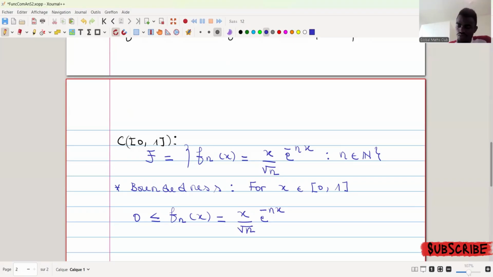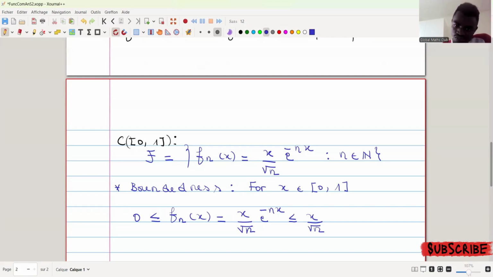Now, we know that nx is positive. The exponential of minus nx is a decreasing function and it is less than 1. So if this one is less than 1, it means that you have this one less than x over n.